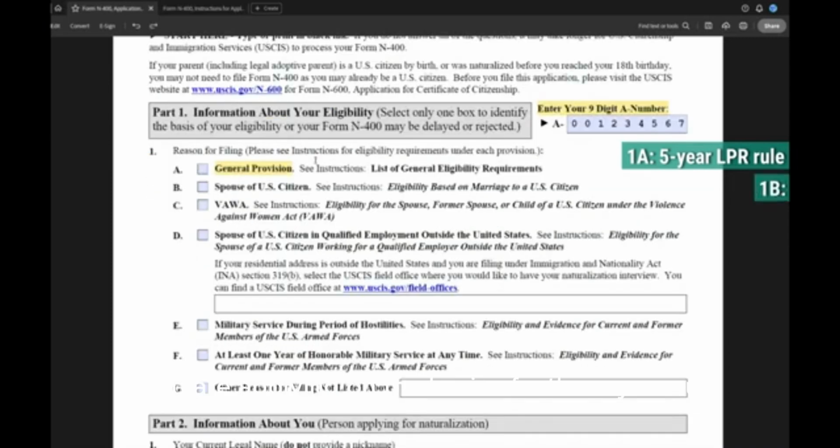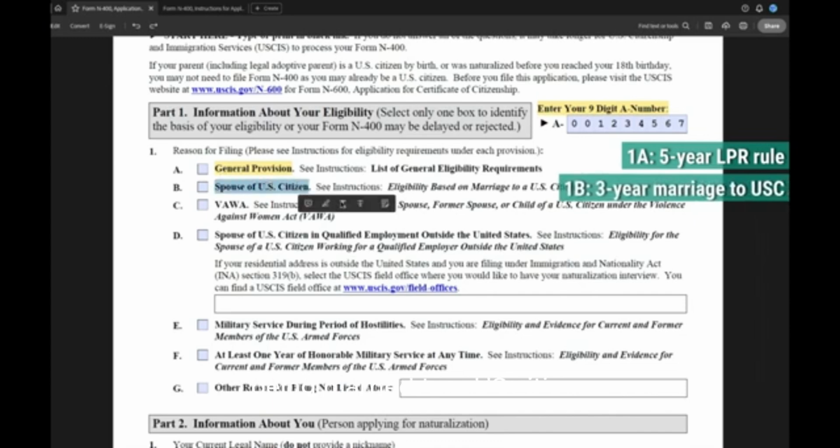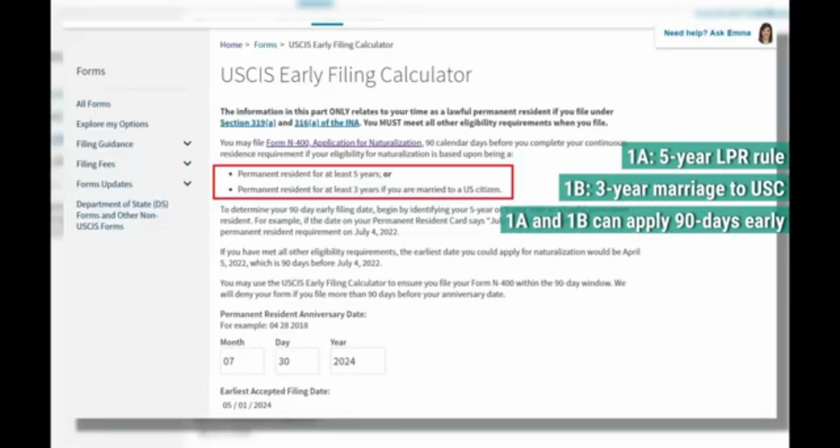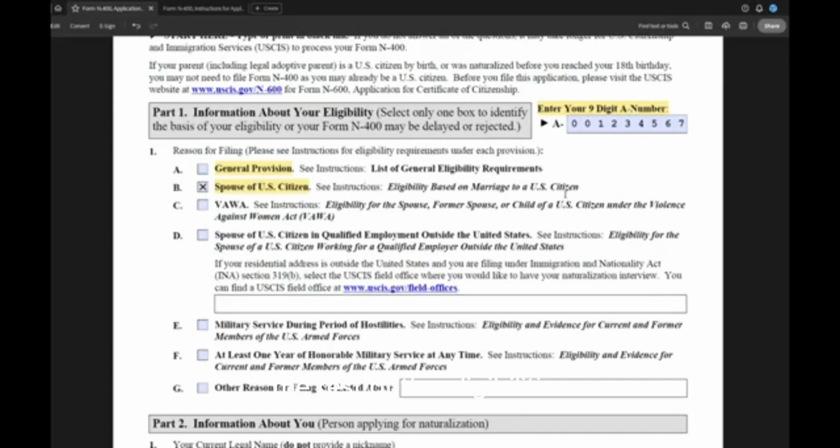If you are applying on the basis of a 3-year rule, being married to a U.S. citizen, then in that case, you will select box 1B. And this is what we're going to select for the purposes of this form. If you selected to be a spouse of a U.S. citizen or under general provision, you may be eligible to apply for naturalization 90 days early. The rest of the eligibilities are reviewed in the form instructions.